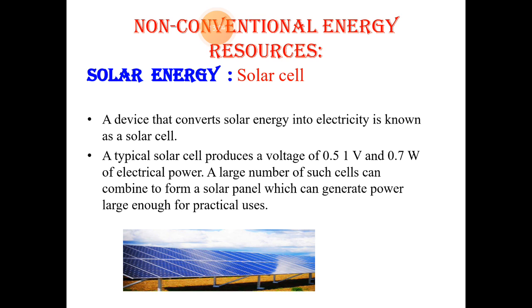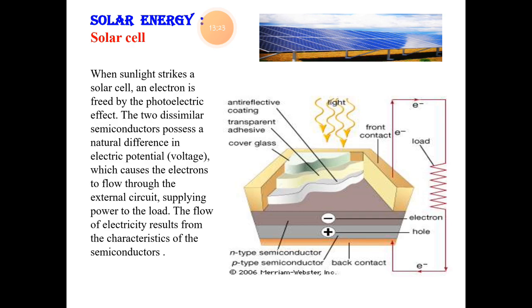Each solar cell can generate approximately 0.51 to 0.7 watts of electrical power that could be used for practical household uses. When the sunlight strikes the solar cell, an electron is set free from the semiconductor of dissimilar types.